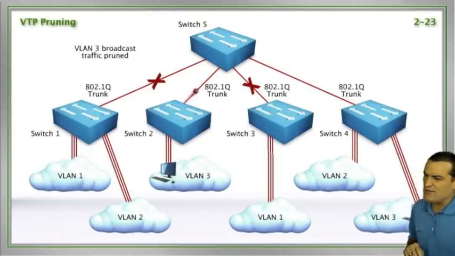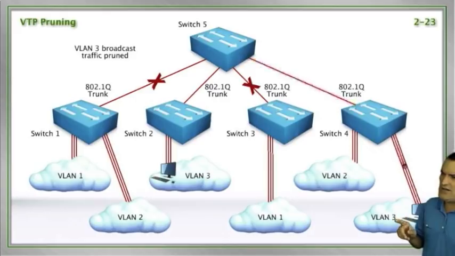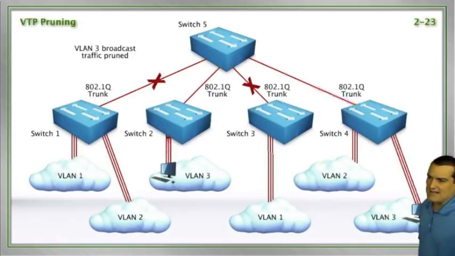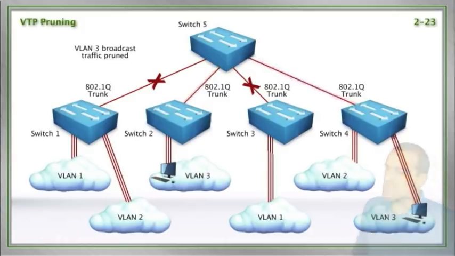Notice how VLAN 3 is only here and over there. Notice there's 2 PCs in VLAN 3 here. So VLAN 3 broadcasts, for example, don't need to go down all of the trunk links.